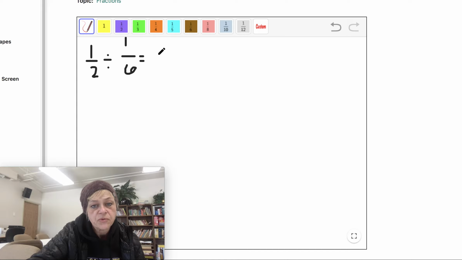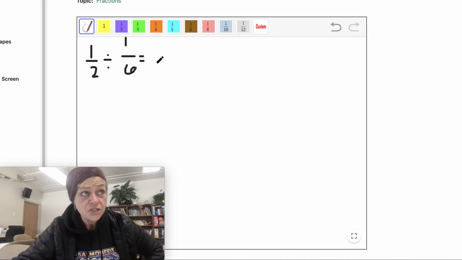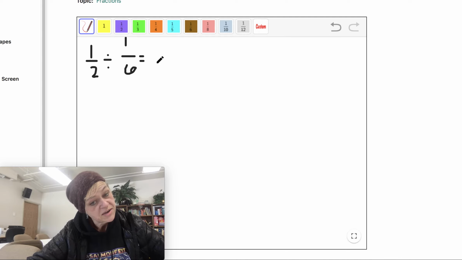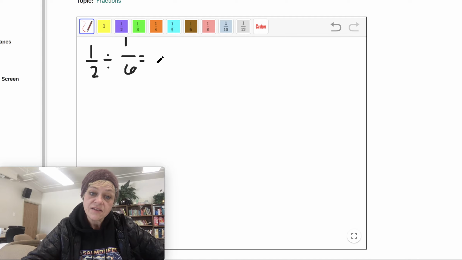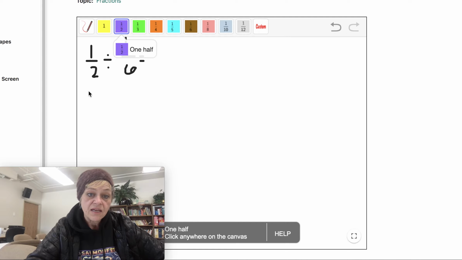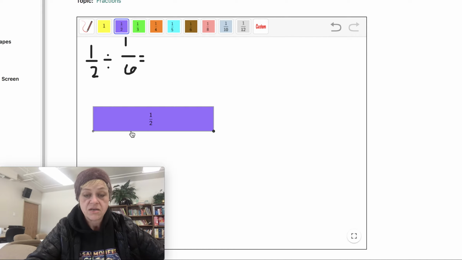I could make this an equation, I could write something over here, but just for the sake of this lesson and trying different things, let's think about it as a problem and see if we can figure out how to solve it. Okay, we have 1/2 divided by 1/6. Let me get my thing and put it down here. There is my fraction strip, my 1/2 fraction strip.